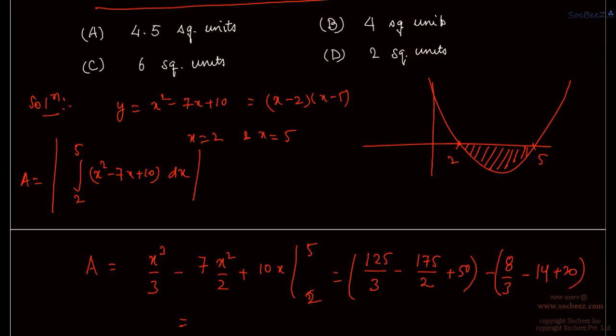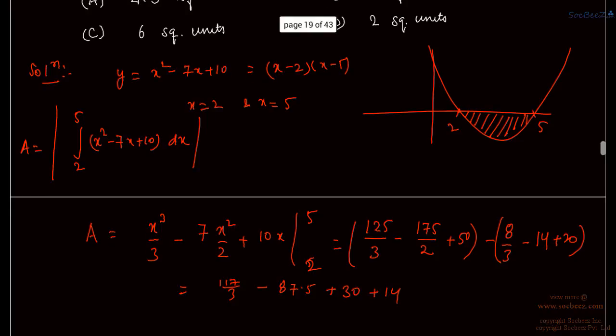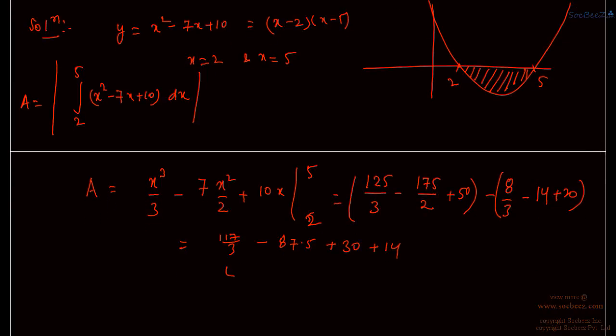Now this area is 125 minus 8, 117 upon 3, right? Minus 175 by 2 is 87.5, right? Plus 50 minus 20 is 30, plus 14. Okay. 117 upon 3 is 39.